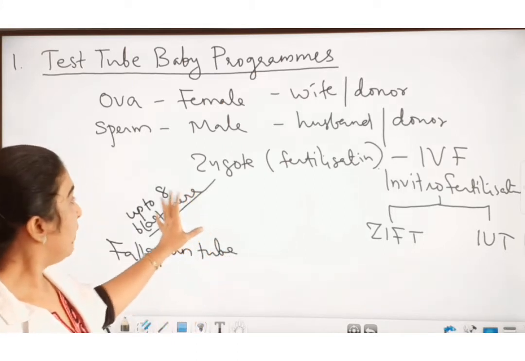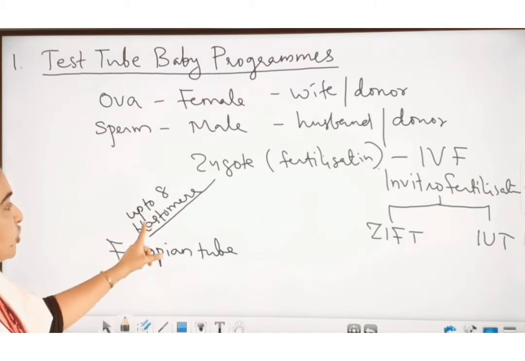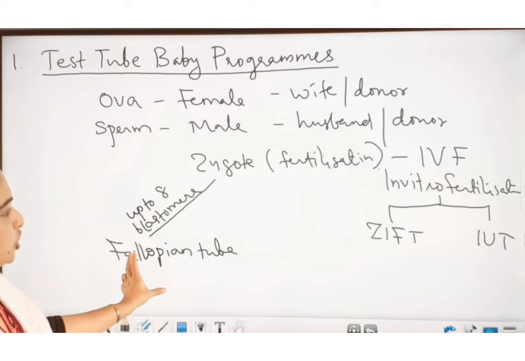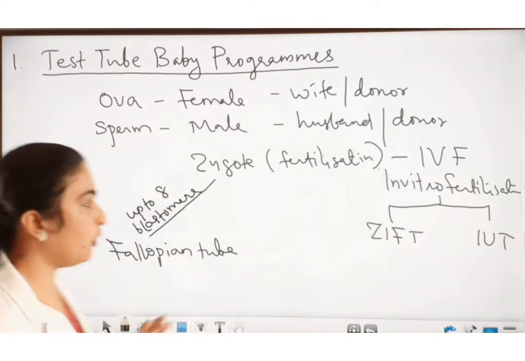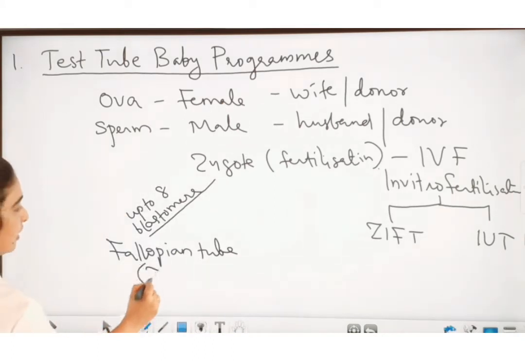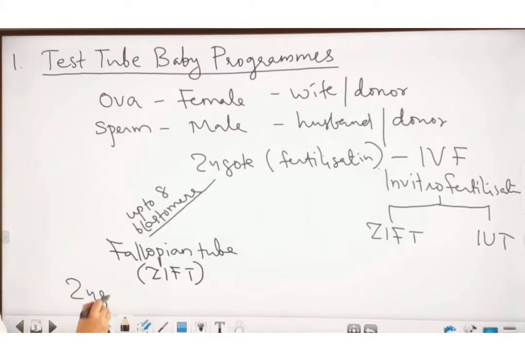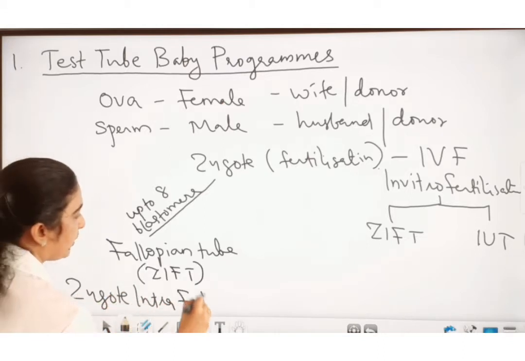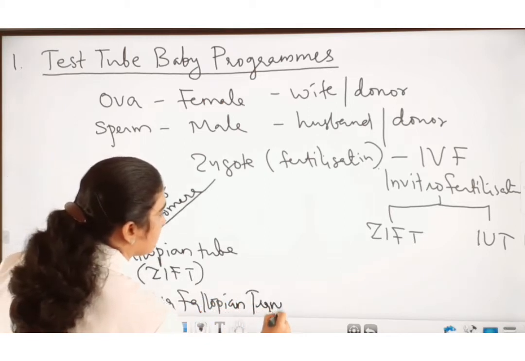This process of deposition of the 8 blastomere embryo stage into the fallopian tube of the female body is called CIFT. What is the full form of CIFT? Zygote intra-fallopian transfer.